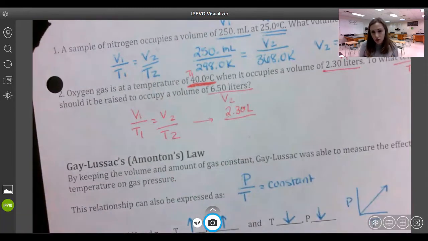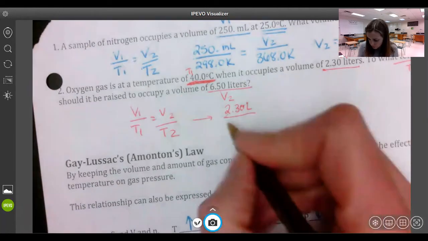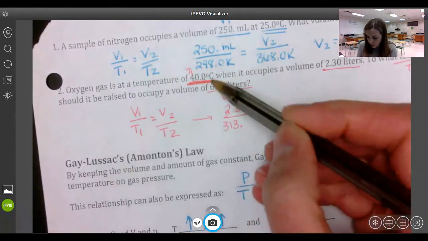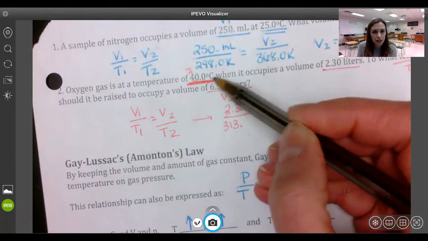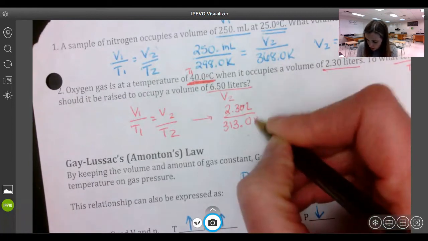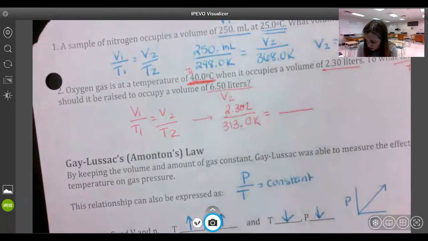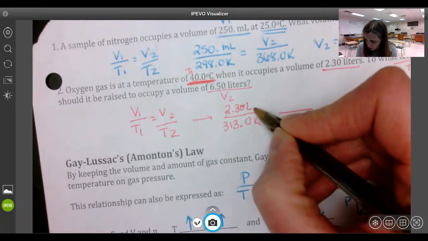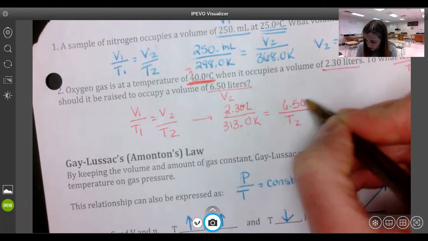Making sure that it's degrees Celsius, I'm going to do 40 plus 273, which would be 313. Because of this initial value, I'm adding the 273 constant, so that would be in Kelvin. And then we're looking for a new temperature after we go from 2.3 liters to 6.5 liters.